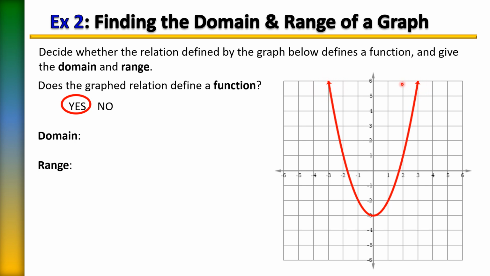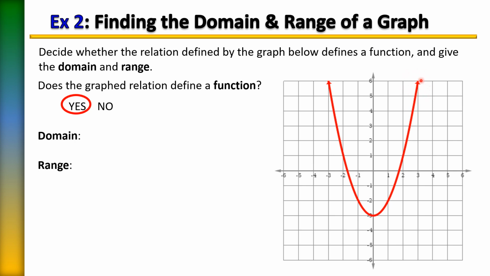If we were to follow along this parabola with our pencil or this laser, because we have an arrow here, we're coming from the left side, which is from infinity. Remember, arrows are infinity, so that's from negative infinity, and it will just continue forever and ever to positive infinity.